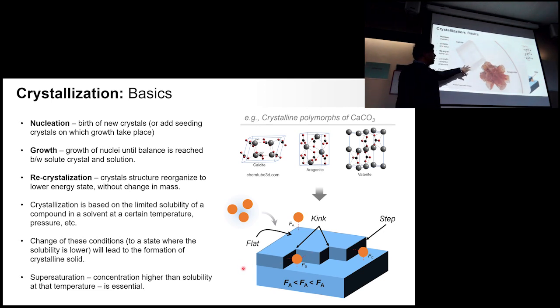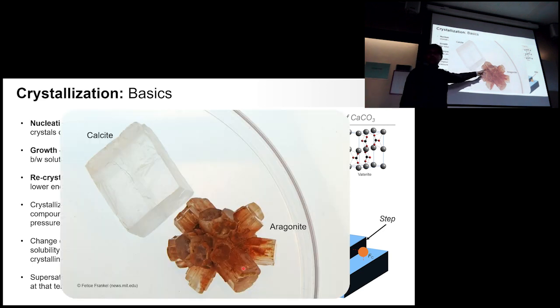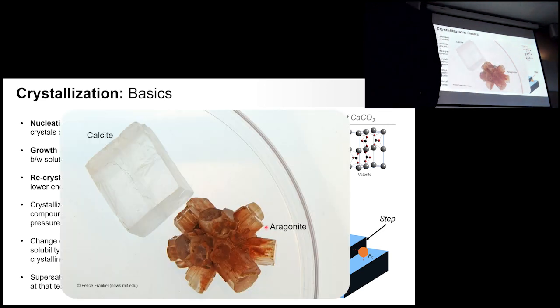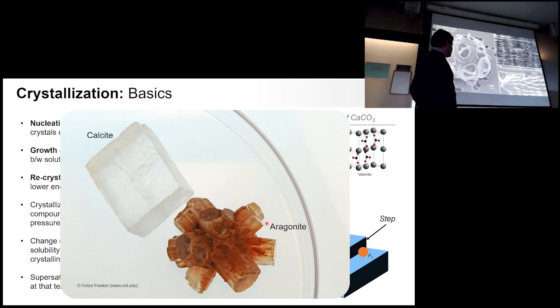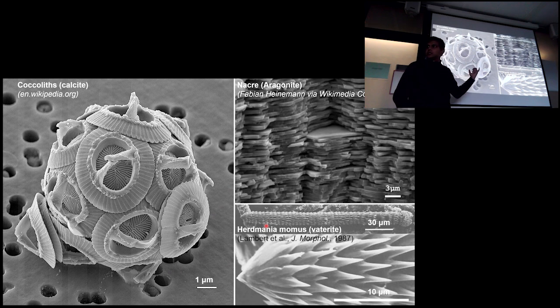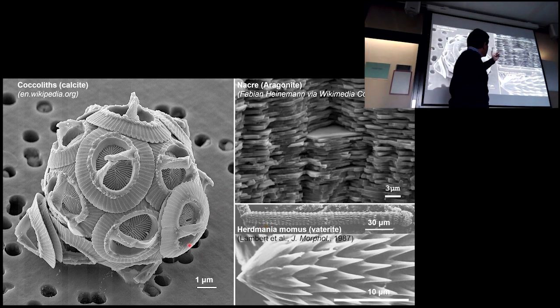But anyway, this process is the fundamental pathway by which you can make calcite, aragonite, all these polymorphs of calcium carbonate. In nature, we don't see those kinds of shapes. We see so much control over the geometry of the crystals.